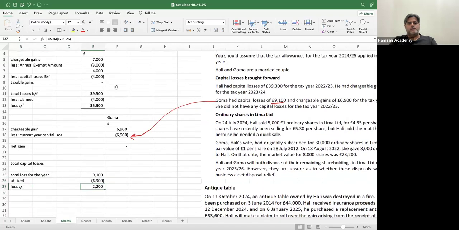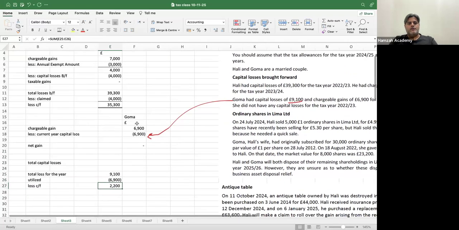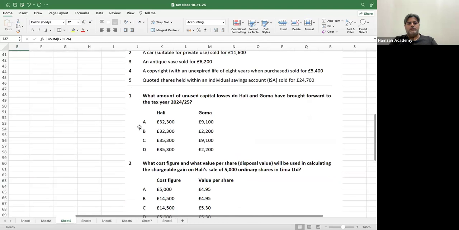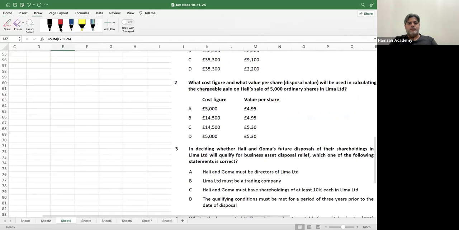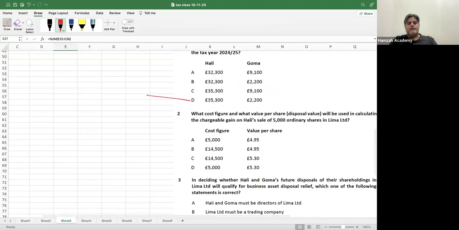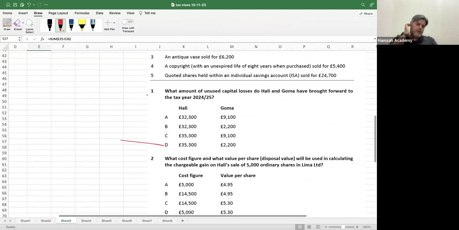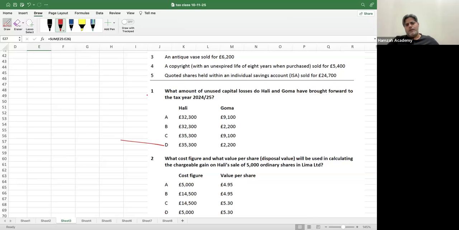So 35,300 for Holly, and for Goma that is going to be 2,200. Straight calculations.